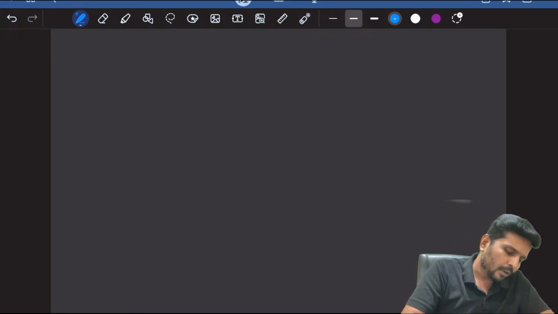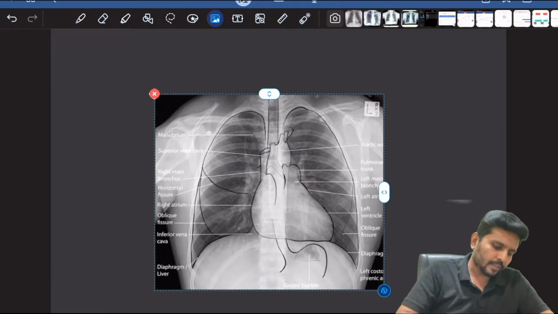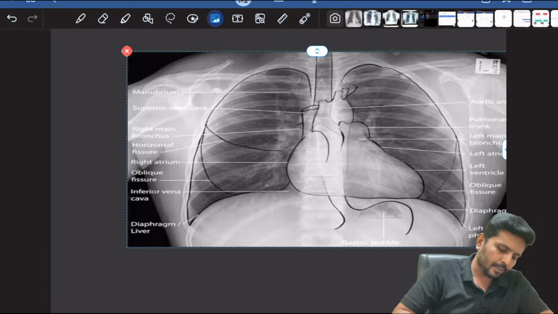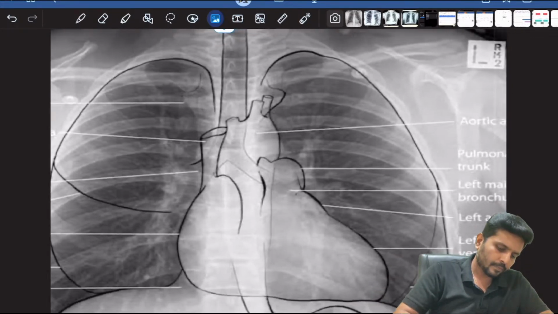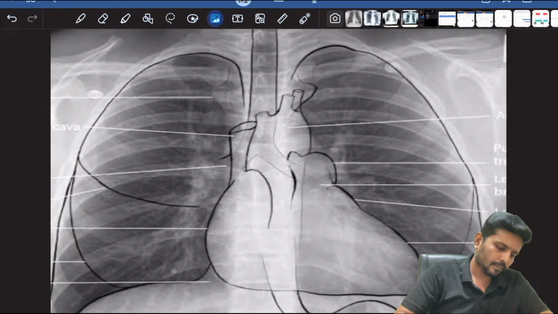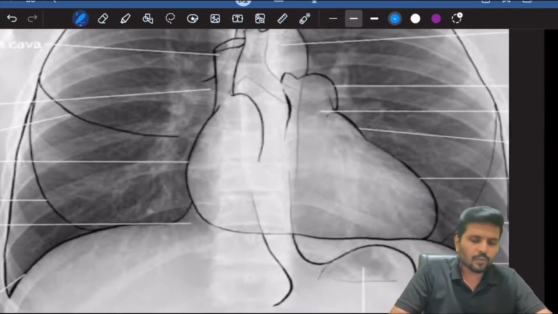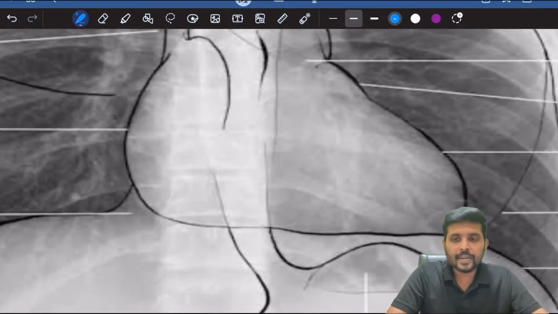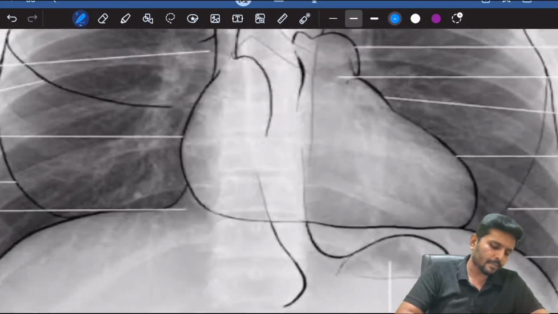Let me show you how to measure your heart size. Now, what do you mean by cardiomegaly? In a chest X-ray, you need to measure cardiomegaly. How to measure cardiomegaly? It's very, very simple.